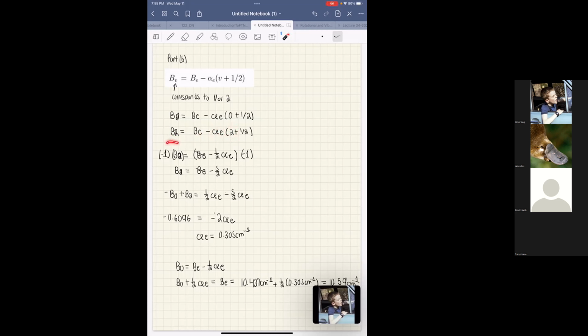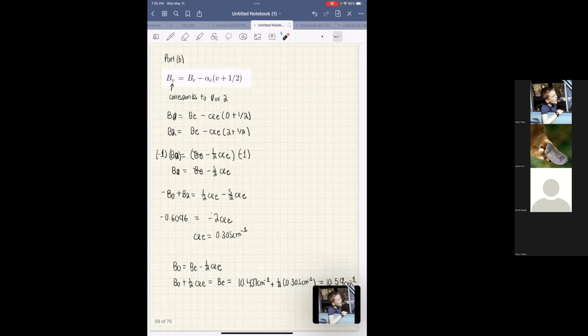What I pretty much did was add these, but I made this into a negative, so this will cross out. And then we'll have what alpha E is equal to. Once we got the alpha E solution, we can plug it into the original equation and solve for B E.